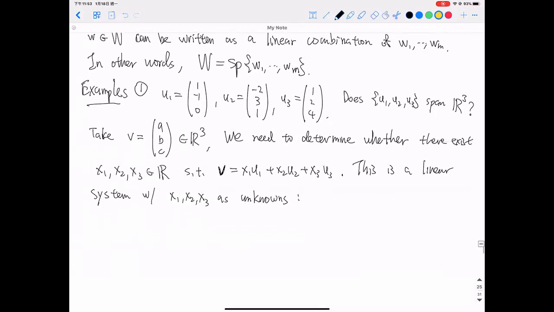More precisely, in matrix form, the linear system looks like this.